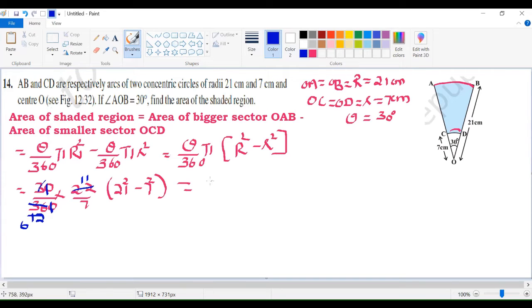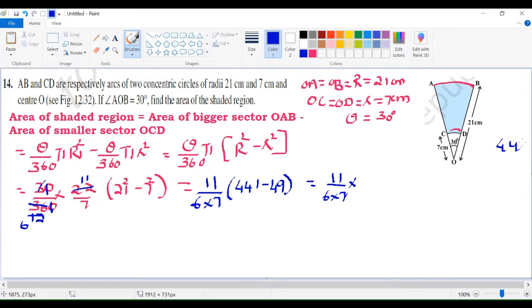So here I got 11 by 6 into 7, and inside 441 minus 49. So which is 11 by 6 into 7 into 441 minus 49.